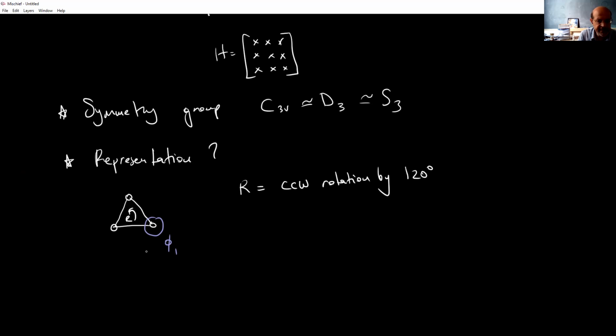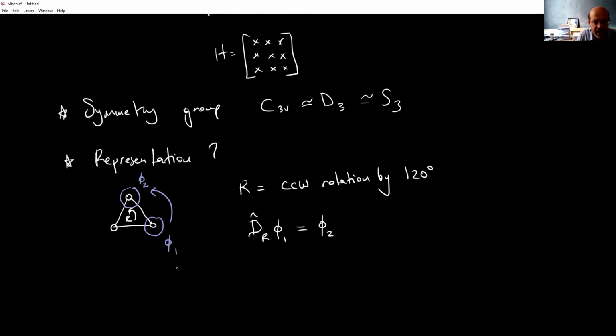In that case, the rotation operator applied on this orbital is going to give me the orbital on the second atom. Let me draw this as well. So that rotation will carry my orbital phi 1 into phi 2. What happens is that the representation matrix A of R does the same thing with the column vectors.